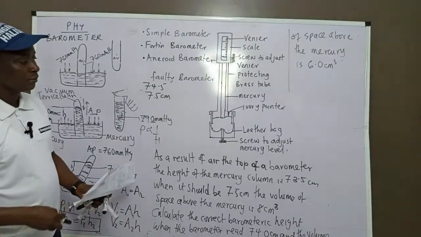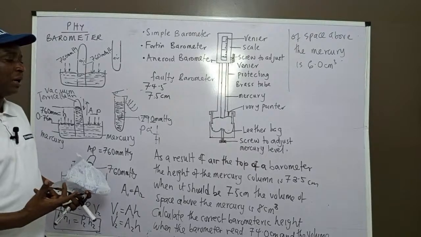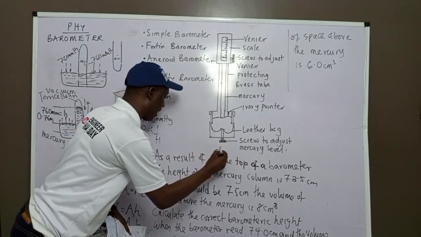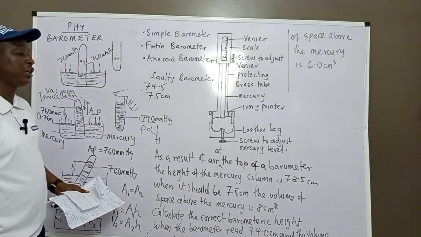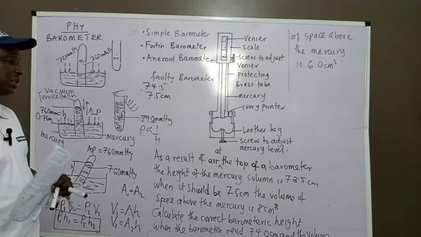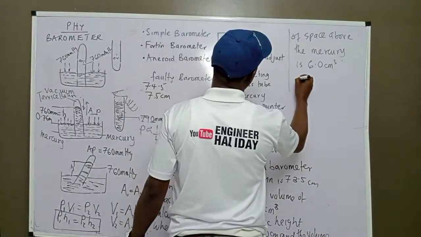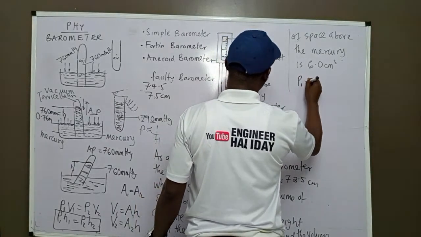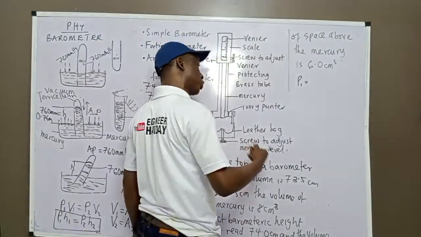Now, having explained that, they said as a result of air at the top of a barometer, the height of the mercury column is 73.5 centimeter. Let's call that one P, because the height of that mercury column measures the pressure.